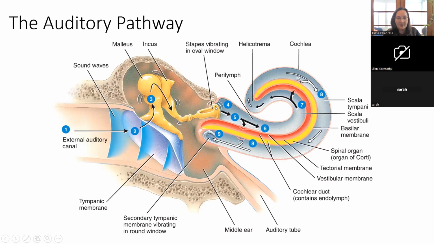When the stapes vibrates, it starts a wave of fluid in the internal ear, and that wave of fluid is going to go all the way through the cochlea to the apex and then reverberate out the other side of it. Whatever frequency that sound is, it's going to trigger an action potential in a particular region of the organ of Corti and send that message to the brain.